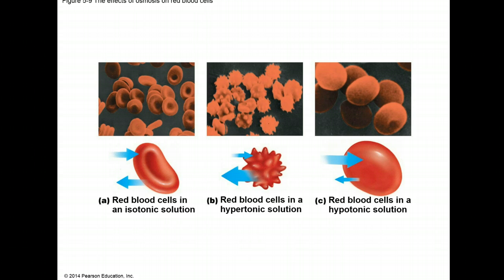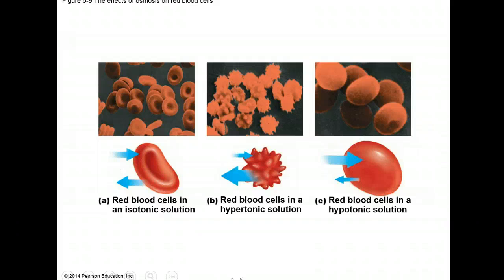The higher concentration of solute outside the cell means that there is less water present. In this situation, water will move from inside the red blood cell, where it's higher, to outside the cell where it's lower. This is called crenation, when an animal cell such as a red blood cell shrivels.